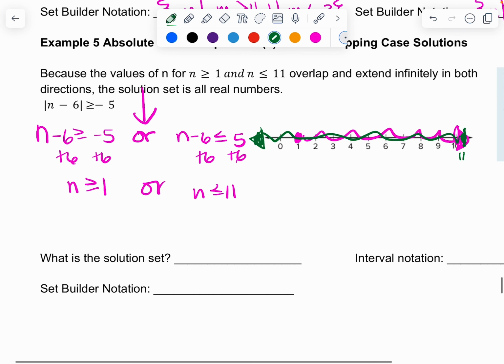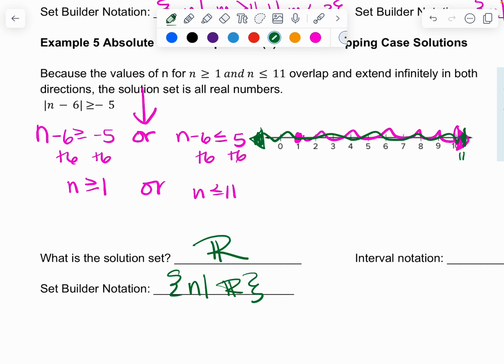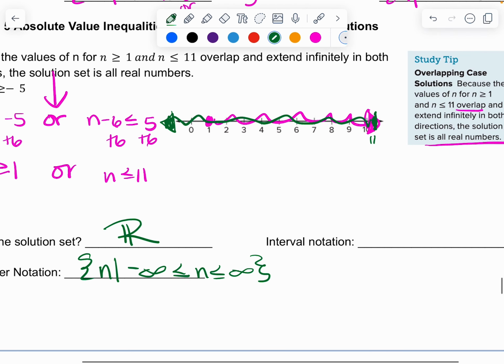So what is the solution set? All real numbers. Actually, that's not set builder, sorry. This would go from negative infinity to positive infinity. Interval notation, negative infinity to positive infinity.